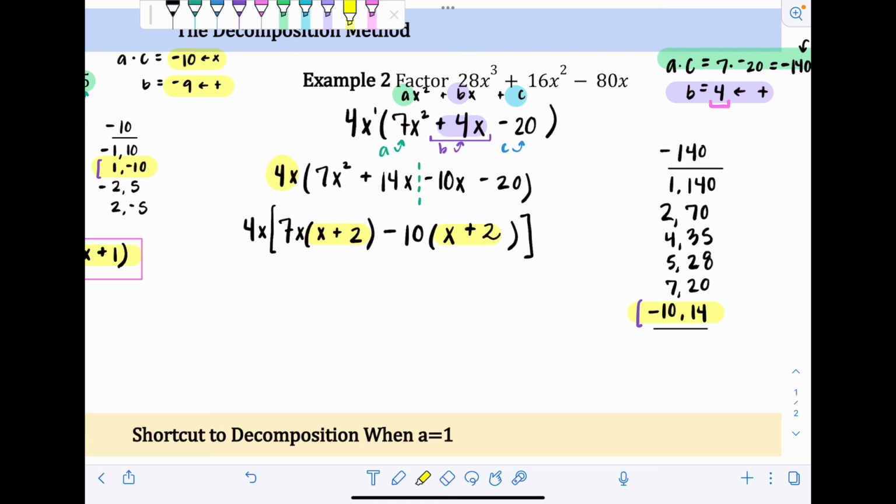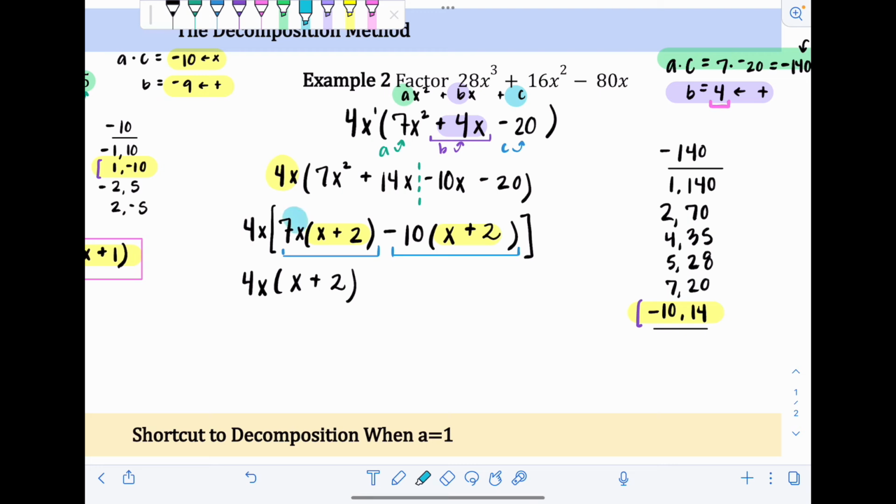The next step is to take those x plus 2's that are inside the parentheses and pull them out of each part of the expression. So inside of the brackets, there's this first part that has the 7x in front, and then there's this second part that has the negative 10 in front. So for 4x, I'm just going to bring that part down. And then once I pull the x plus 2's out, I'll pull it out here.